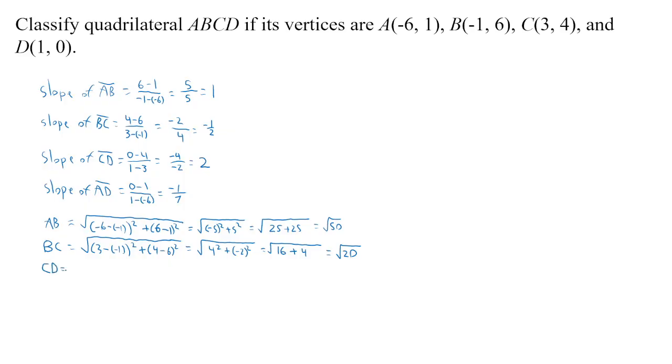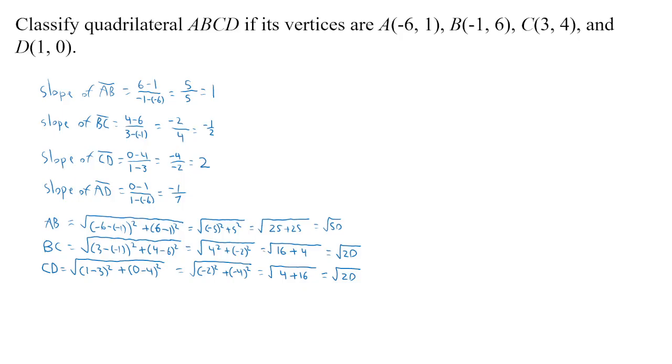Next, let's find the length of segment CD. So this is 1 minus 3 squared plus 0 minus 4 squared. 1 minus 3 is -2. 0 minus 4 is -4. -2 squared is 4. -4 squared is 16. 4 plus 16 is 20.